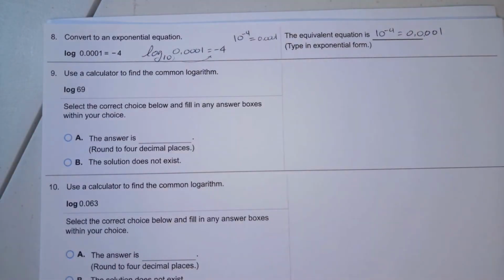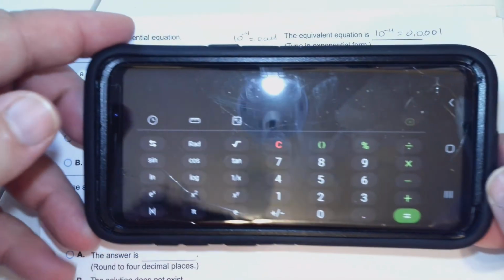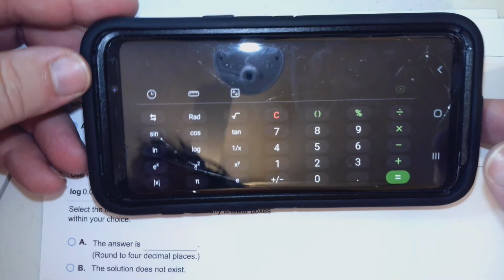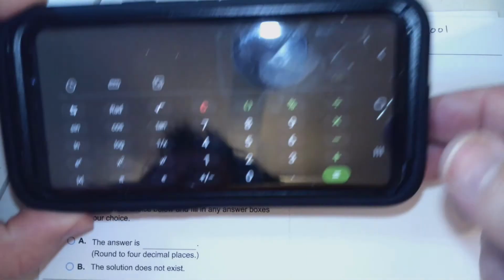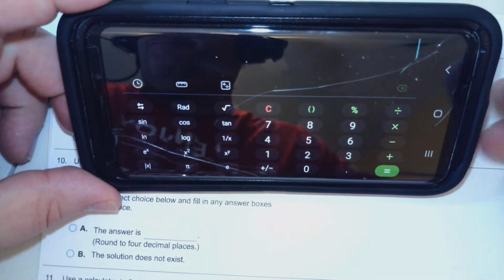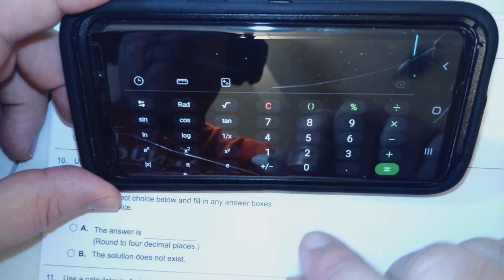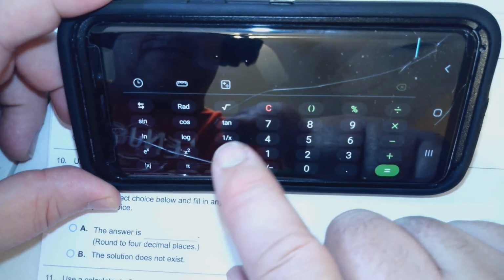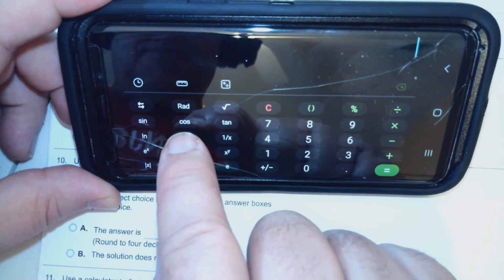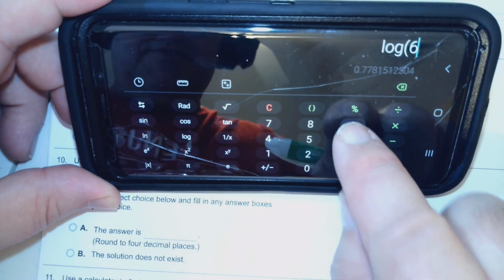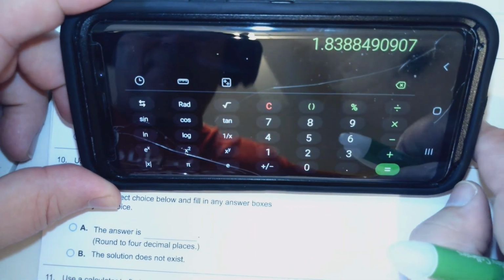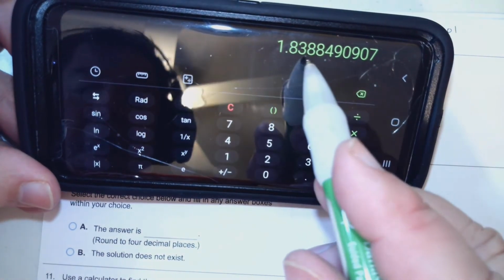I want the log of 69. Enter. So the answer is 1.8388.